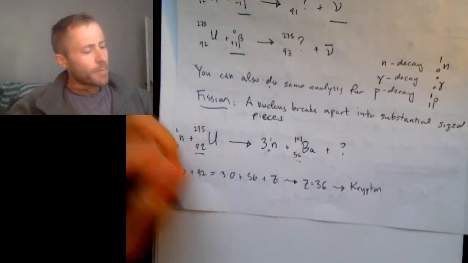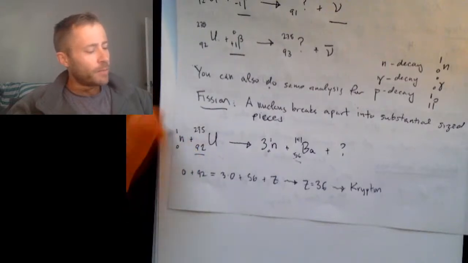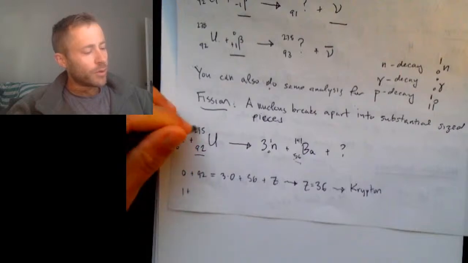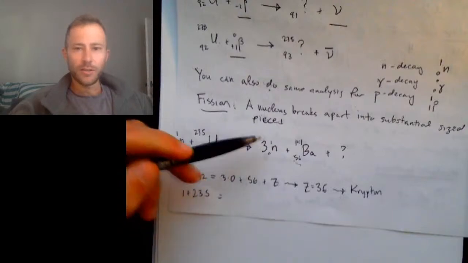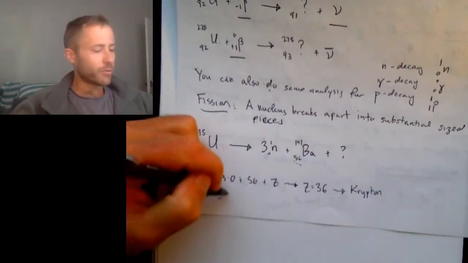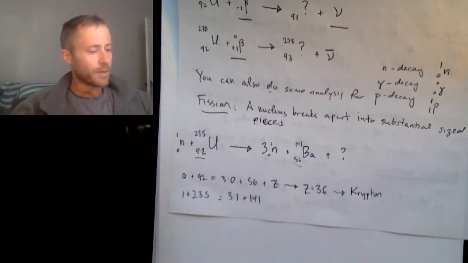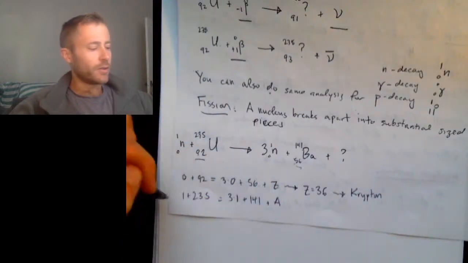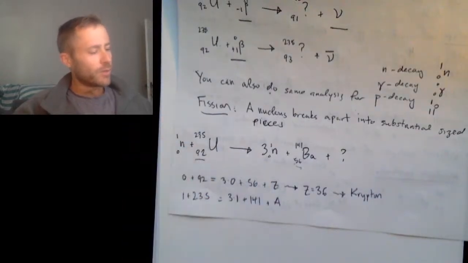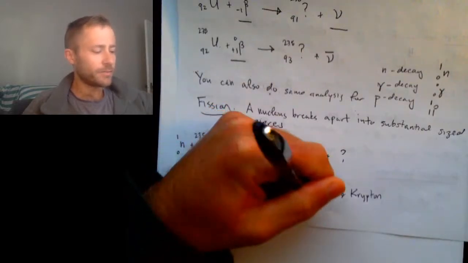And then for the mass number of it, we have 1 plus 235 equals, now on the right hand side we have 3 neutrons, so we have 3 times 1 plus 141 plus the mass number of the unknown. So I have 233 minus 141, which is 92.